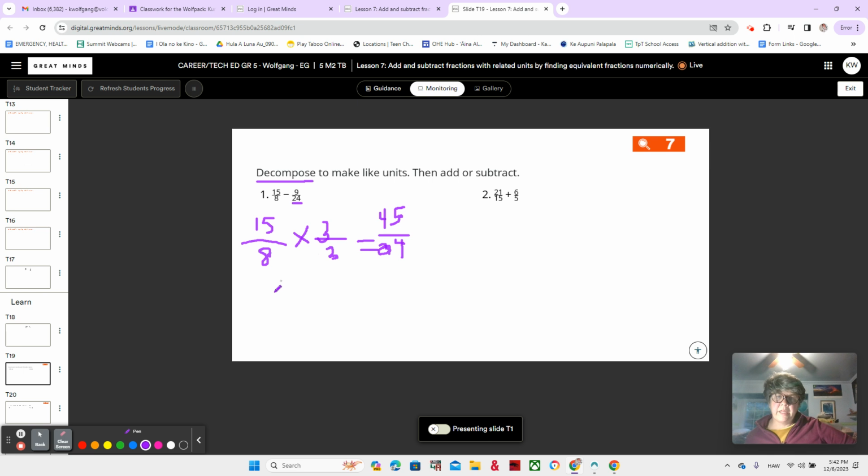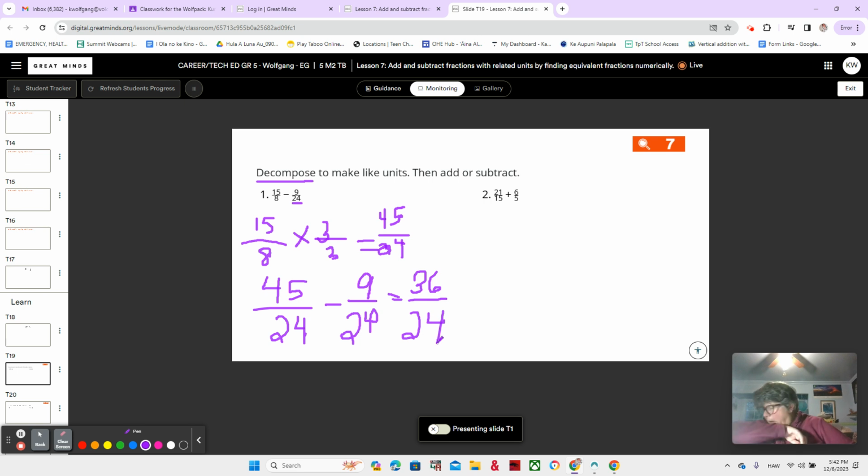45/24. And I'm going to take away 9. So 45/24 minus 9/24. Well, if I was taking away 10, then it would be 35, but I'm taking away 9, so it's 36/24. Sorry.